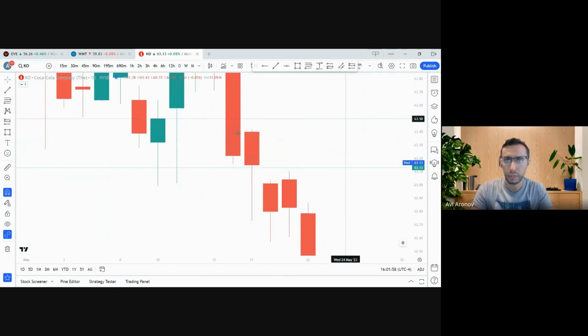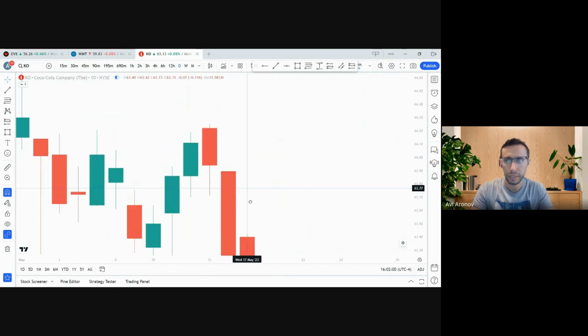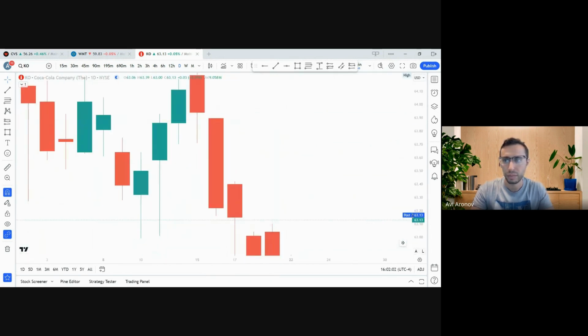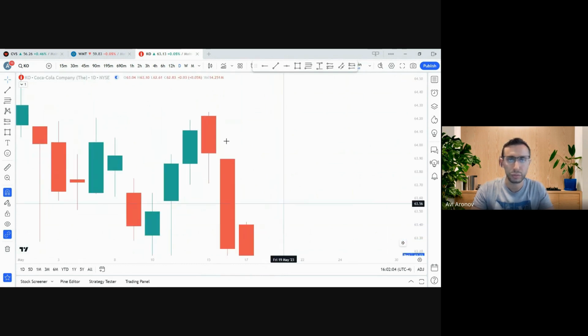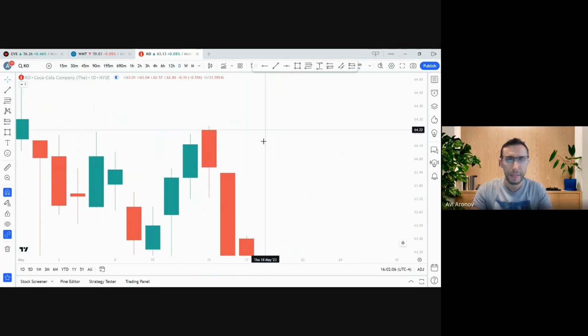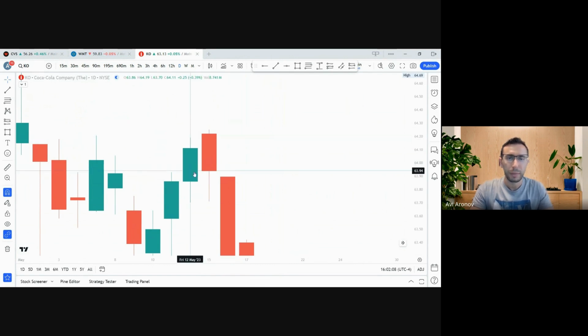Okay, so I will come closer. The market just closed, that's why we see post. But to stay on track, this is a green candle because it's a positive day candle. Okay, this is a red candle, it's bearish.